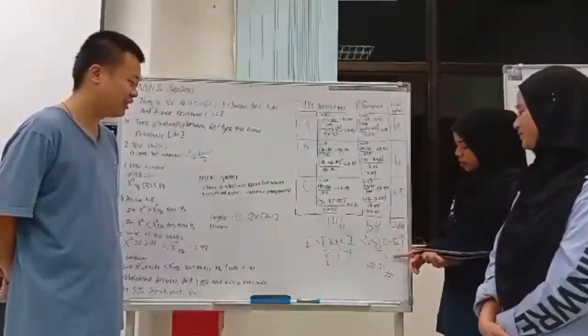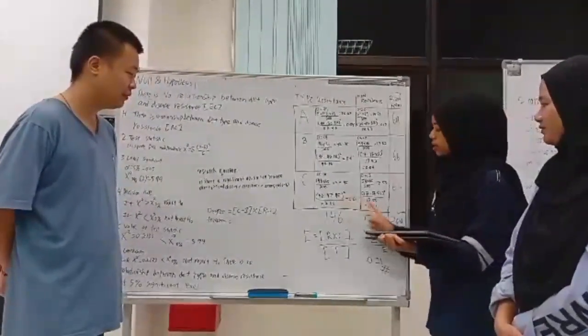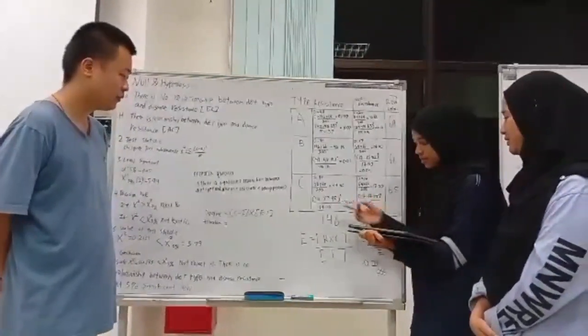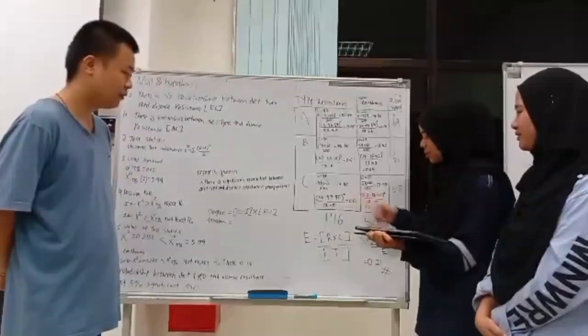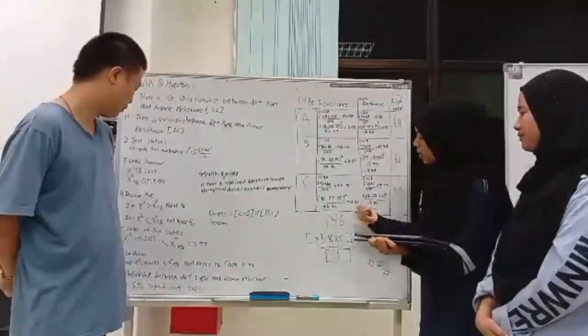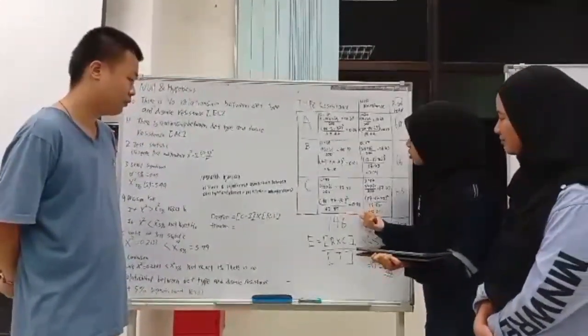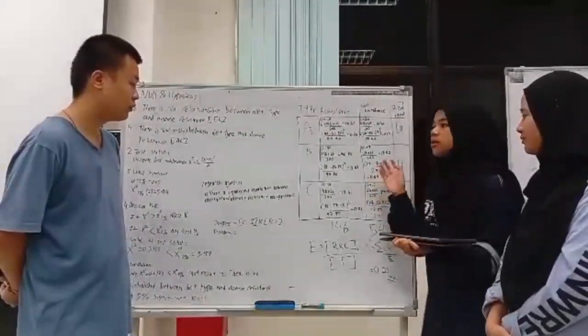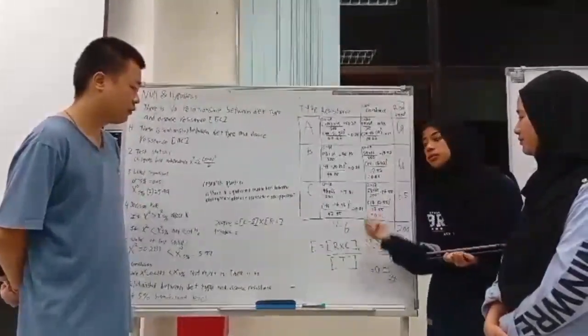Next step, we use this formula to get this, and we got resistant 0.01 and non-resistant the same number.